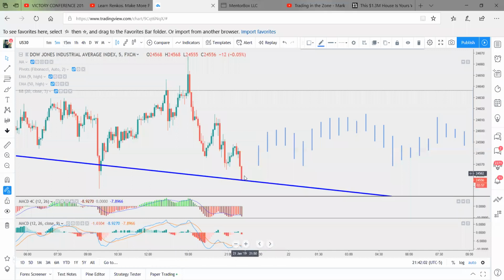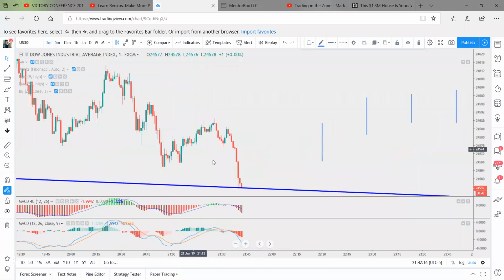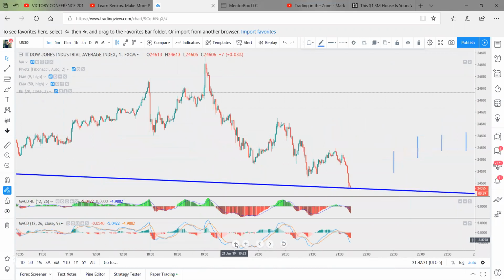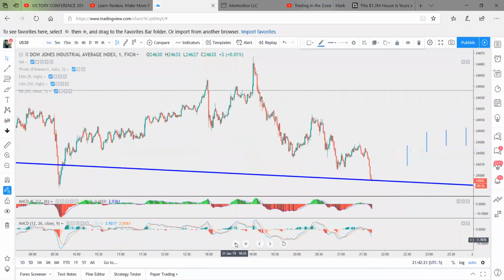I'm looking on the 5 minute, it's retesting that already. But yeah, and you see you had your little impulse, flag, correction, correction, correction, continuation to the downside. So that's trading.